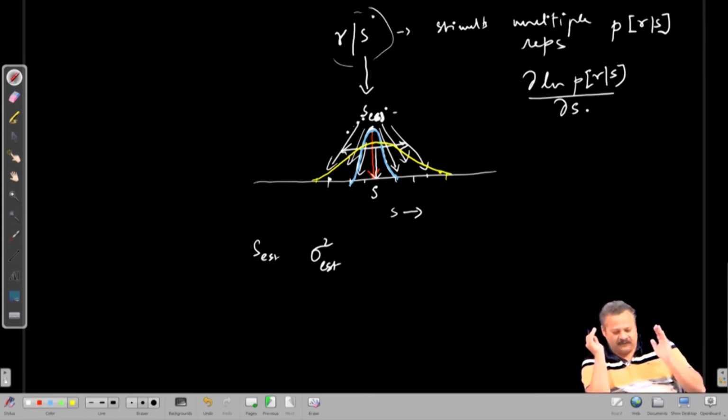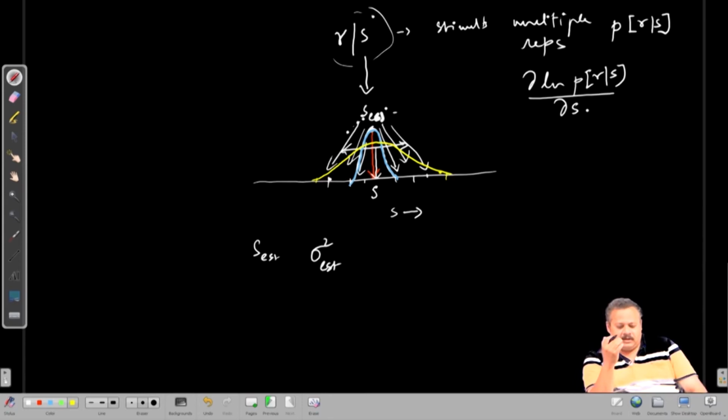Similarly, if the variance of the estimator is low, the chances of being very much away are extremely low. This way we can define the fidelity of coding of the stimulus based on the responses.